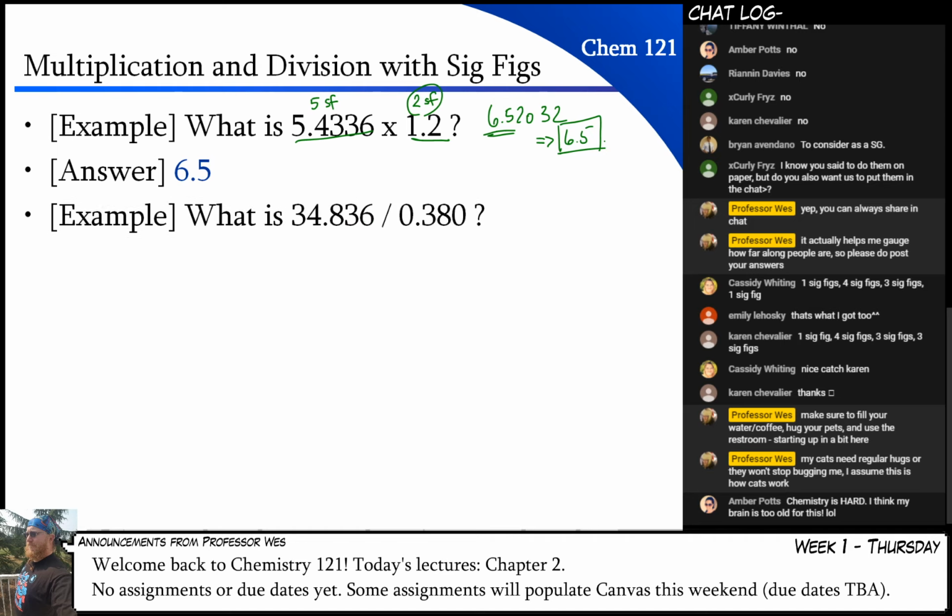Let's do another one. Again, go ahead and punch that into your calculator. I want you to tell me the answer when you have done that, and then I will work it out on the board. So go ahead and do this problem. Write down your answer, report it in the chat. Try not to look at my slide, or the printout or the PDF that I sent you.